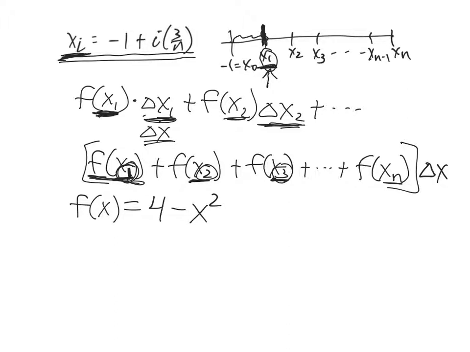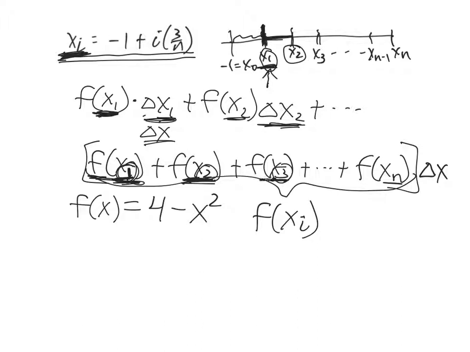The second subinterval, okay, we will use x sub 2 as our sampling point. So we are using the right endpoint for each one of these sampling points, and ultimately we could rewrite our sum as f of x sub I.